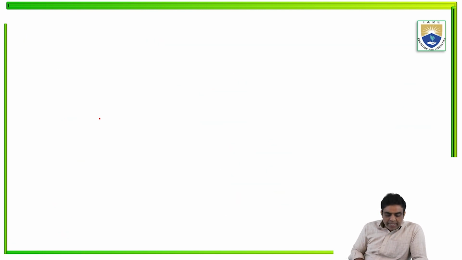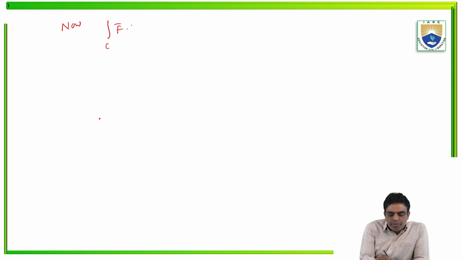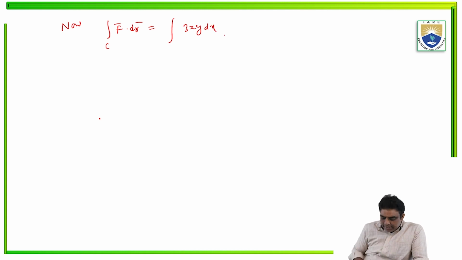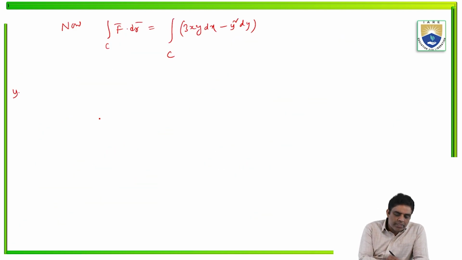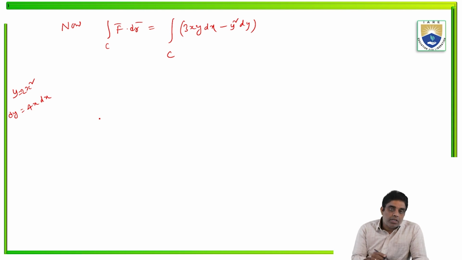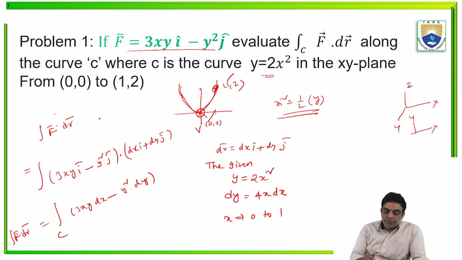So the integral over the curve of f bar dot dr bar is the integral of 3xy dx minus y square dy along the curve C. We have y is equal to 2x square, dy is equal to 4x dx, and x varies from 0 to 1.